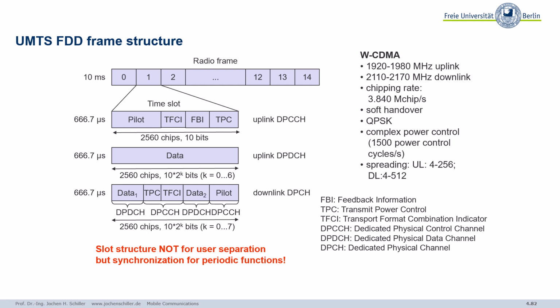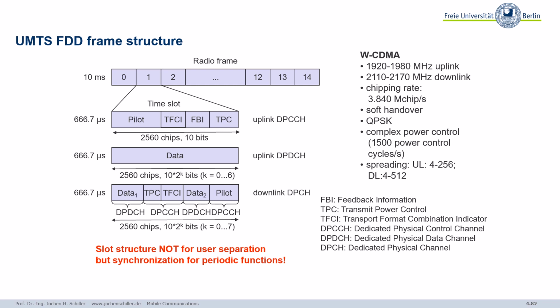We just learned that we separate users by scrambling codes and we separate data streams by different spreading codes. So we do not need the time slots anymore. Still, we have radio frames and we have time slots. Radio frames of 15 slots, 10 milliseconds. It was 16 in the first standards, then became 15.